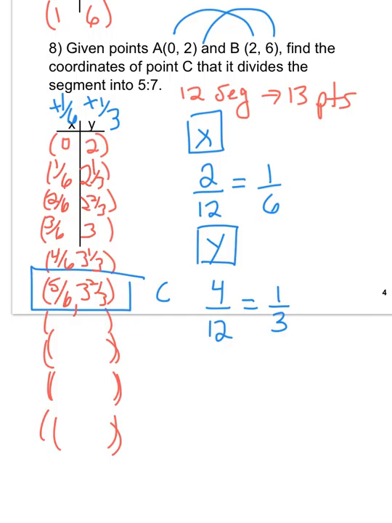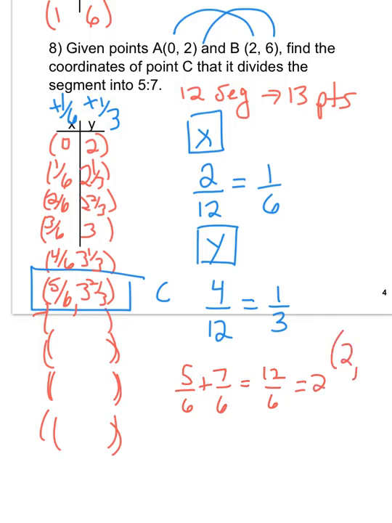7 plus 5, if I take this value here, right here, this is the 1, 2, 3, 4, 5th segment. I have 7 more segments to go. So if I added 7 more of these, I would have 5/6 plus 7/6, and I end up with 12/6, which is 2.